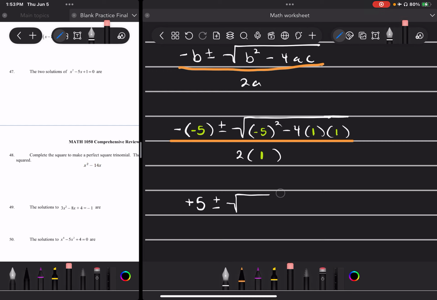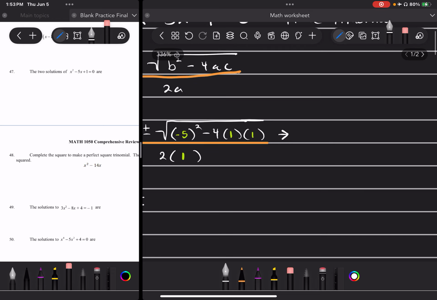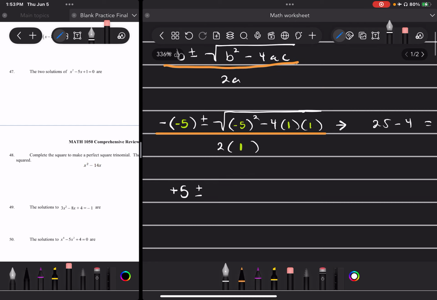Actually, let's do this how I normally do it, which is I pull a little arrow over and solve the inside. So 5 squared is 25. Minus 4. That's going to give me 21. And then I put that in our root. It's kind of a thing that I do. I just like doing it off to the side first. Then 2 times 1 is 2.